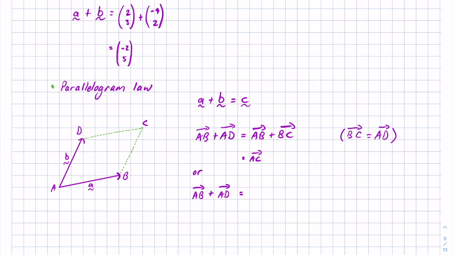There's another way we could look at it. We could start by saying that AB plus AD. So what I've done here is I've written the AD first. So AB plus AD is the same as AD plus DC, and that's because AB is equal to DC. So I've just picked up AB, I've shifted it up here to add them.